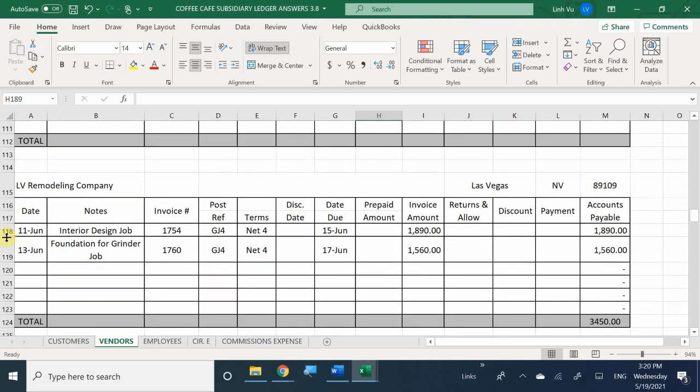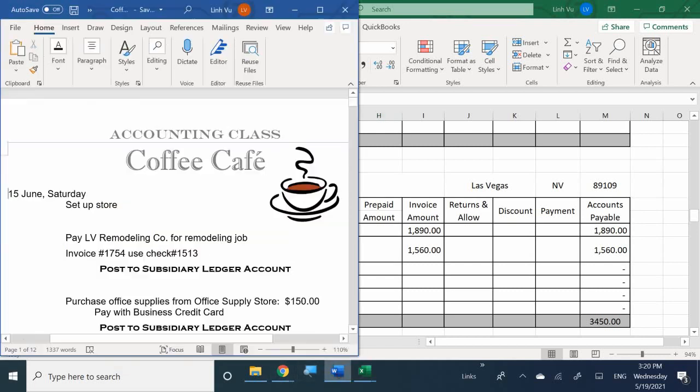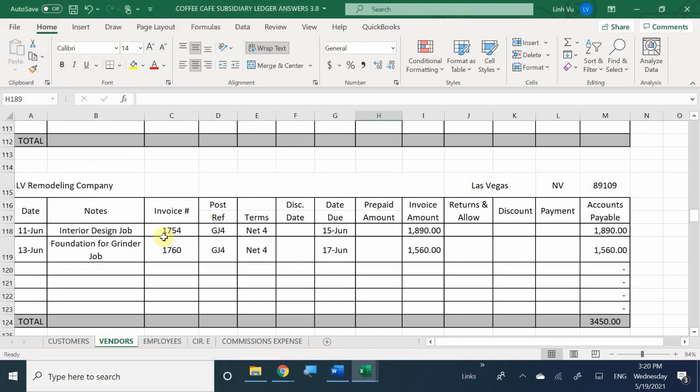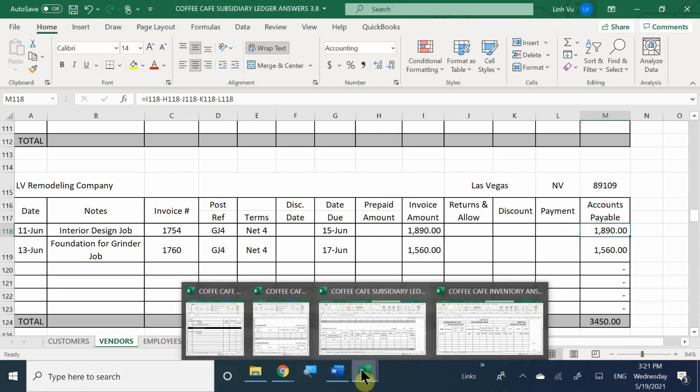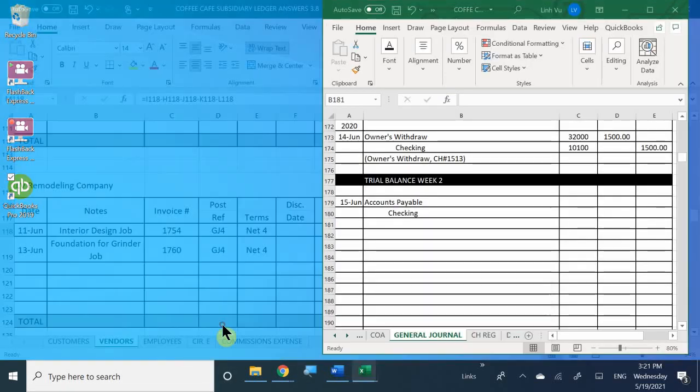Are we paying the whole thing or just for the invoice? What does it say in the scenario? I think I specified the invoice. Just for invoice 1754. Yes, we're paying off invoice number 1754. How much do we owe? 1890. Okay, so there we have it.